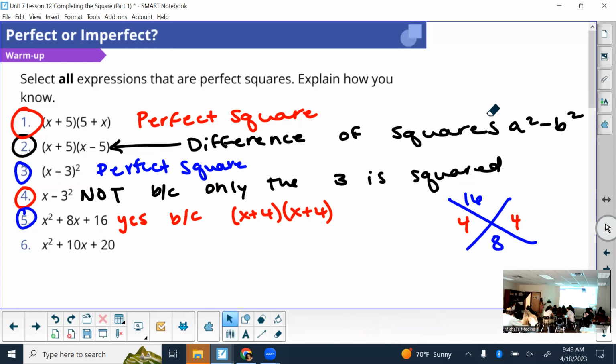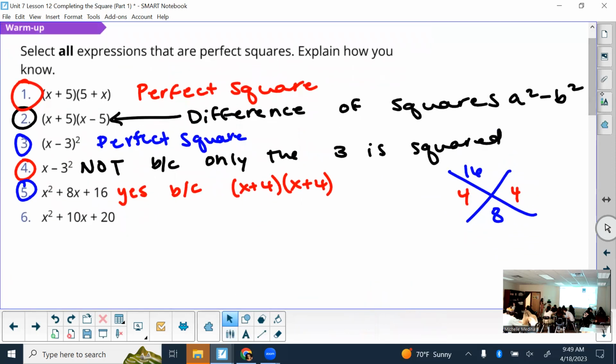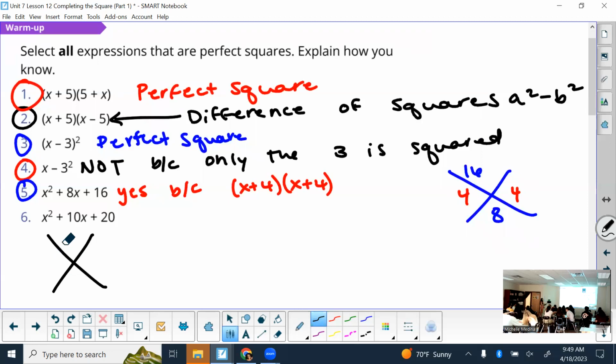So let's see, is the last one a perfect square, table one? You're saying yes? So, okay, let's see. If I set up my diamond, what goes on top? What goes on bottom? Can you think of two numbers that multiply to 20 but add to 10? I couldn't either.